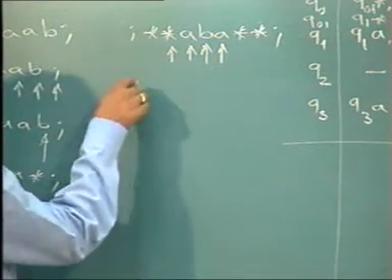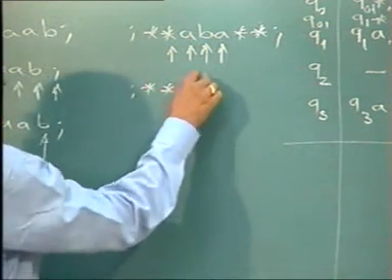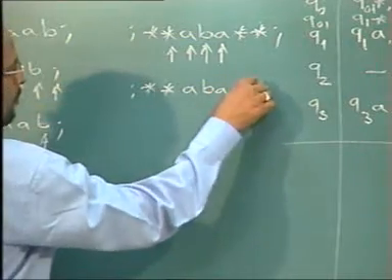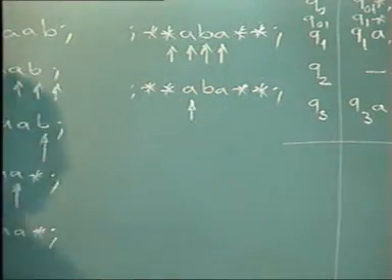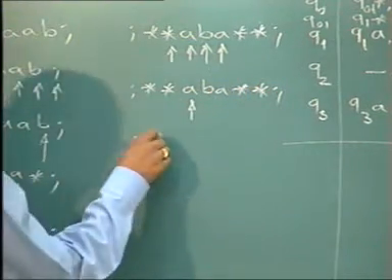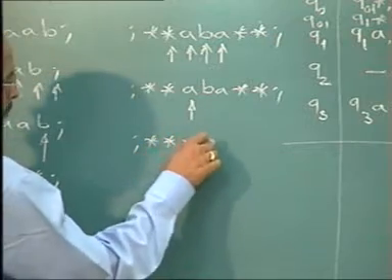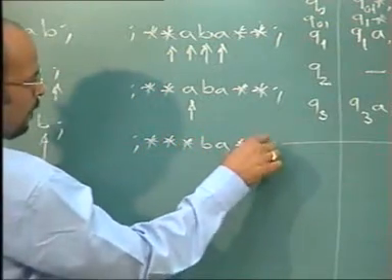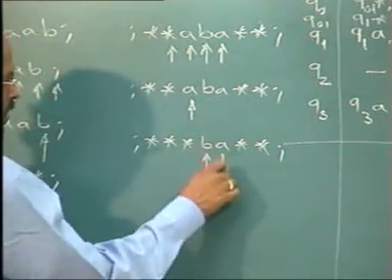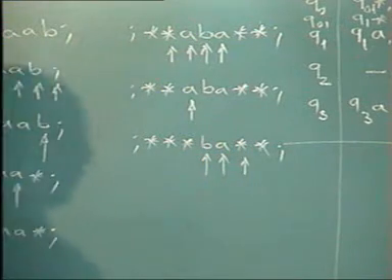On star, move to the right by one position. You get A. Mark it by star and move the head to the right by one position, and then keep on moving to the right till star.